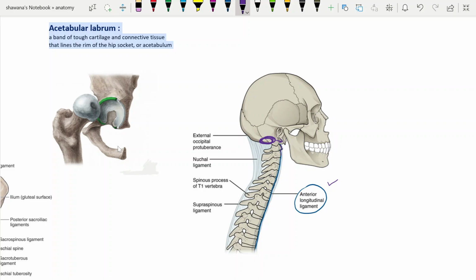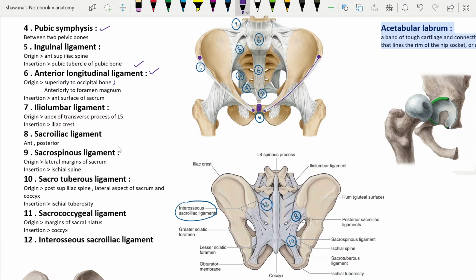Here it arises and goes till the coccyx. This one we are seeing here is the anterior longitudinal ligament and it is anterior to the bodies of the vertebra. This all is the anterior longitudinal ligament, and it has many parts, for example the sacral part and the coccygeal part.